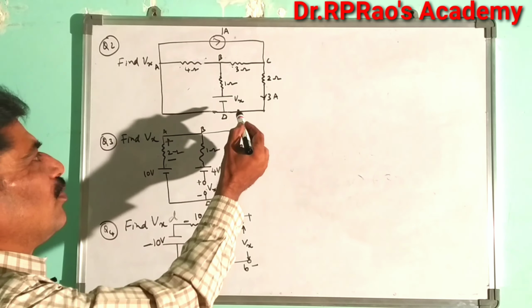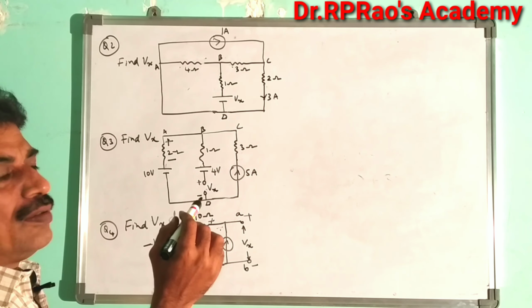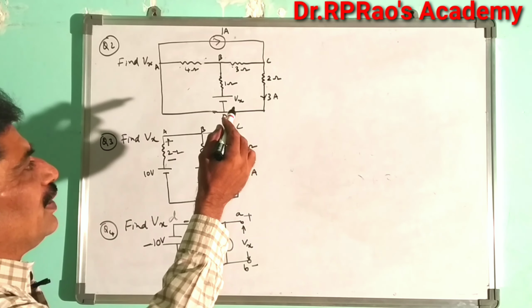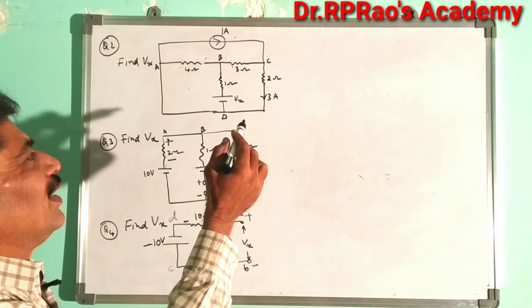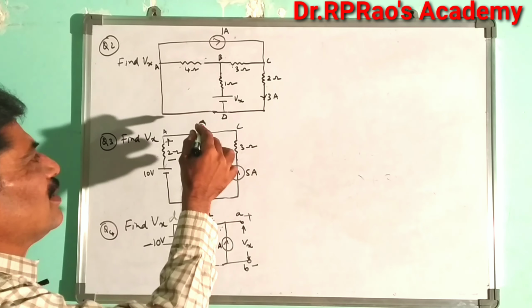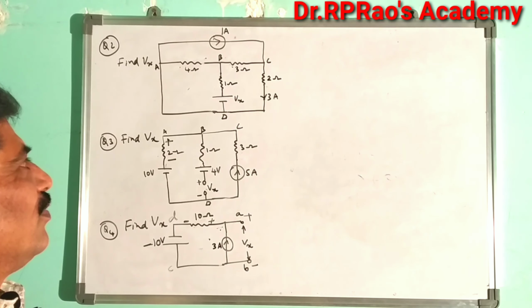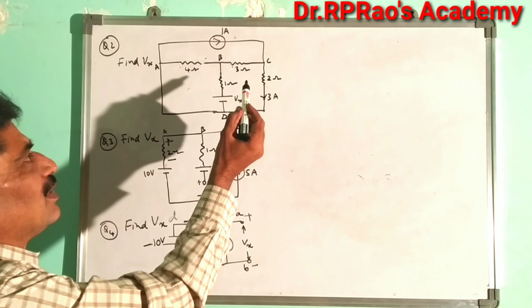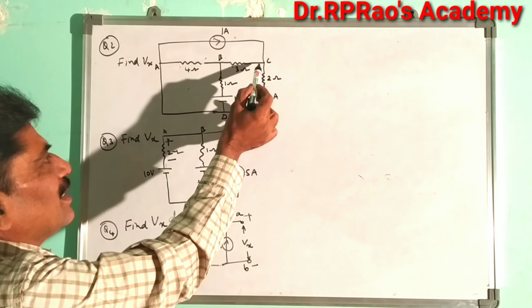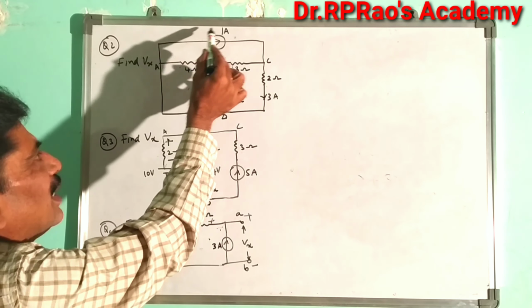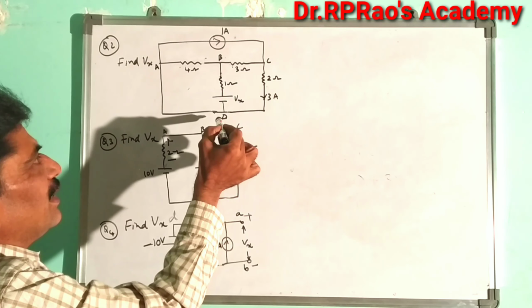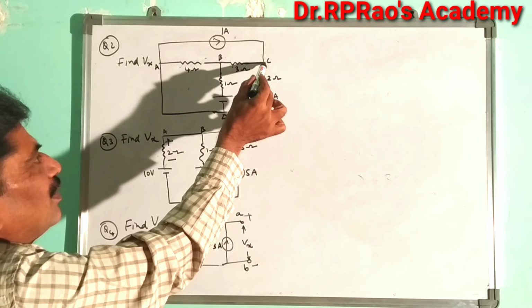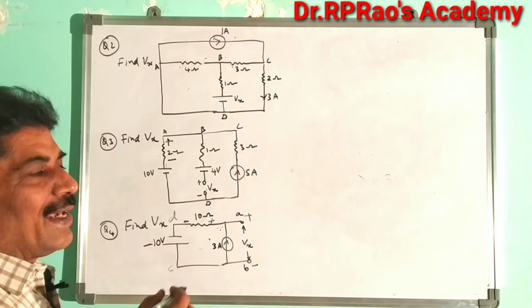So to find out Vx, if we can find out the currents in all the branches, then we can easily find out Vx. Now let us find out the current in branch BC. Current is already there in branches AC and CD, and for BC we can find it by applying KCL.